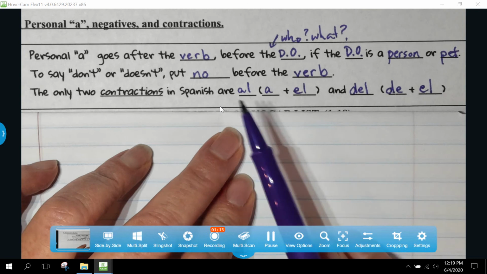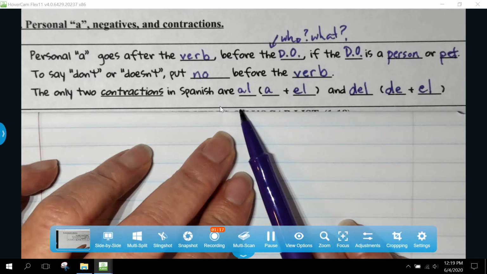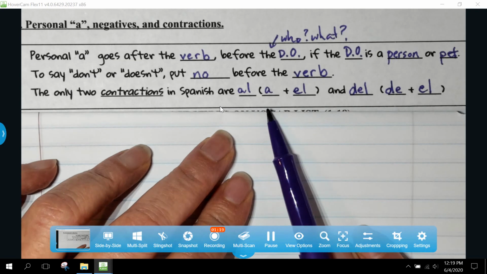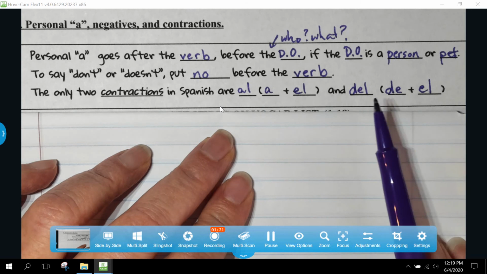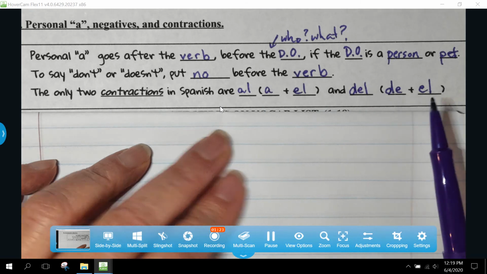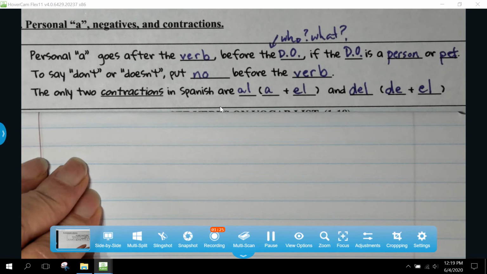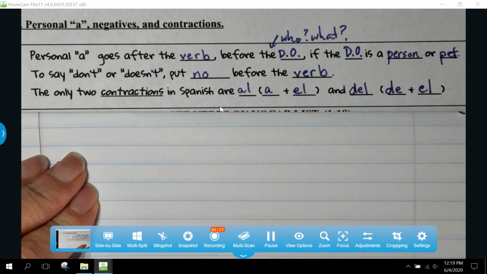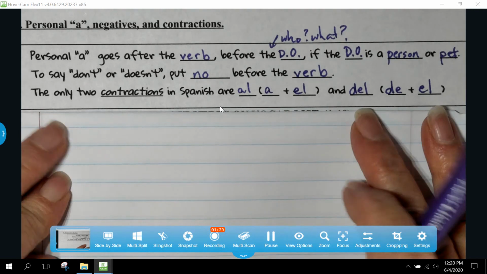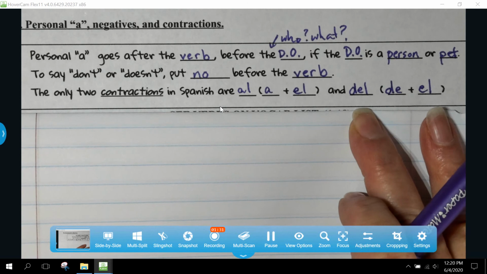So al, that's A-L, comes from a plus el. Del comes from de plus el. Quick review on that, in case you didn't have it covered too.